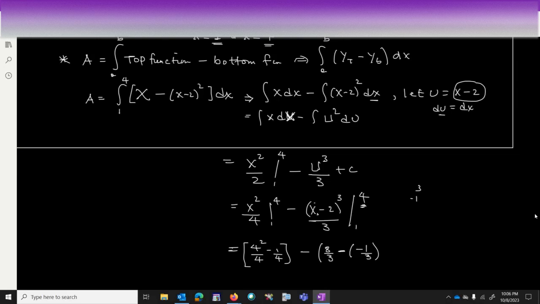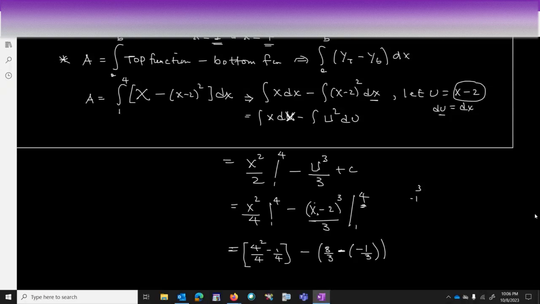The rule is the upper limit minus the lower limit. The lower limit is 1: you plug in 1, 1 minus 2 is negative 1, negative 1 cubed is negative 1, so negative 1 over 3.